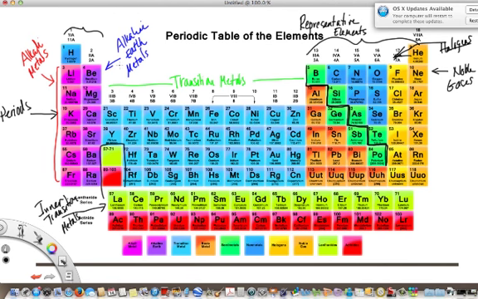You should know where all of those are. You should know where the metals are versus the nonmetals and the metalloids. And also understand that these intertransition metals fit into these two boxes. They have similar properties to each other, so we're actually placing them in these two small spots of the periodic table. You should also be able to tell me how many electrons are in the outermost energy level of any element that is a representative element at this point.